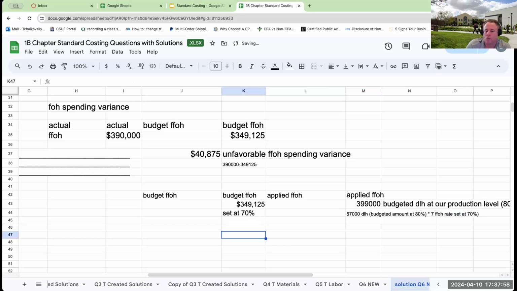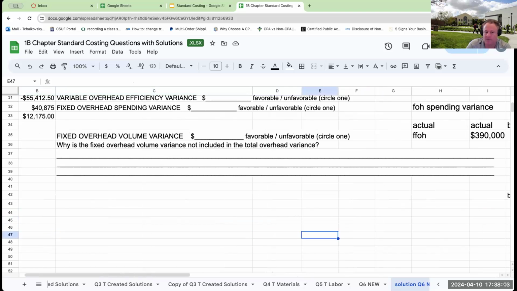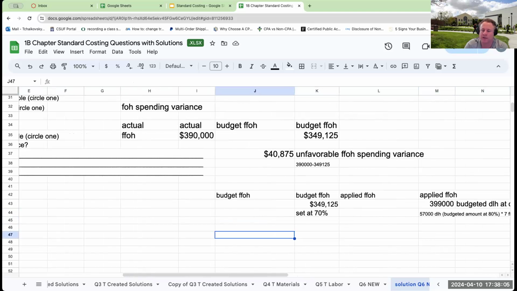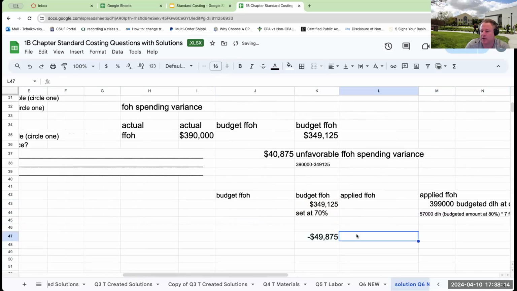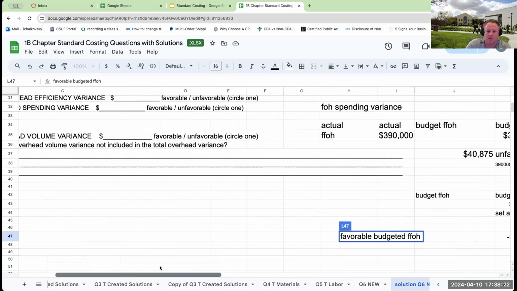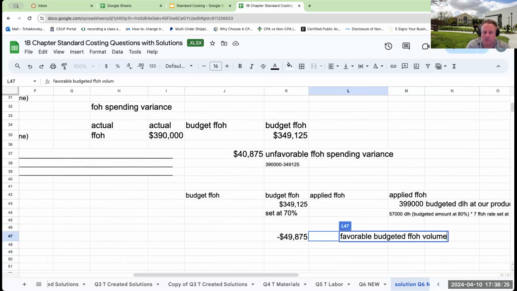So when I come over here, this is extra credit. Remember, the fixed overhead volume variance is going to be the difference between the budgeted and the applied. Over here, this is going to be 49,875. This is going to be a favorable fixed factory overhead volume variance. Why is it favorable?